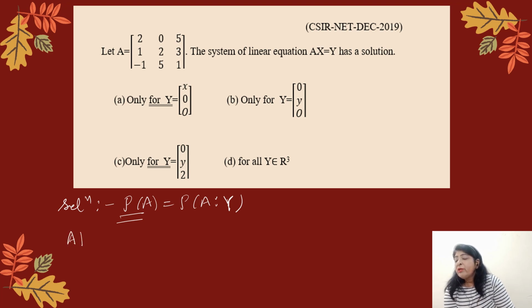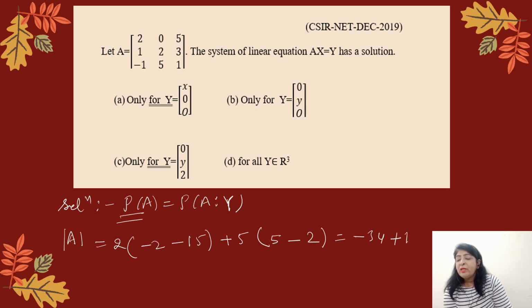So determinant of A will be 2 into minus 17 minus 34, plus 3 into 5 into 3, which is not equal to 0.